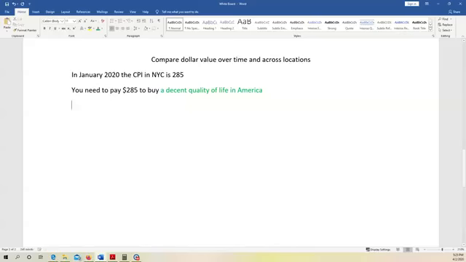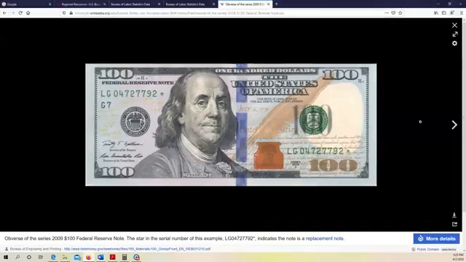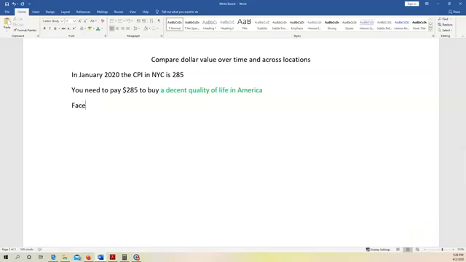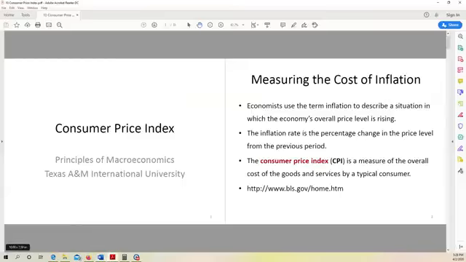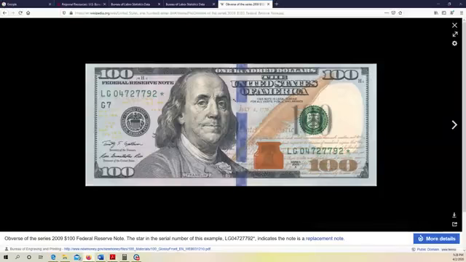The basic idea is, if you have $100 in your pocket like this one, with Ben Franklin here, this number 100 is the so-called face value or nominal value of money. That is just the number printed on your money.